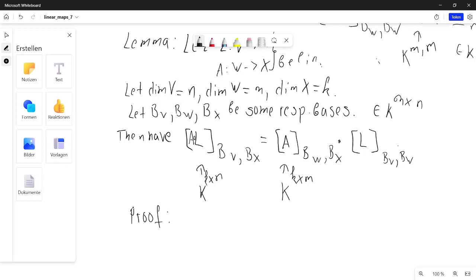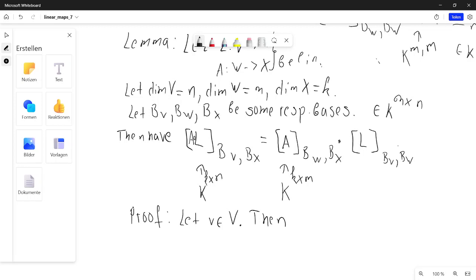You see, well, let the element v be given. Then, you recall what the corresponding matrices were, right?